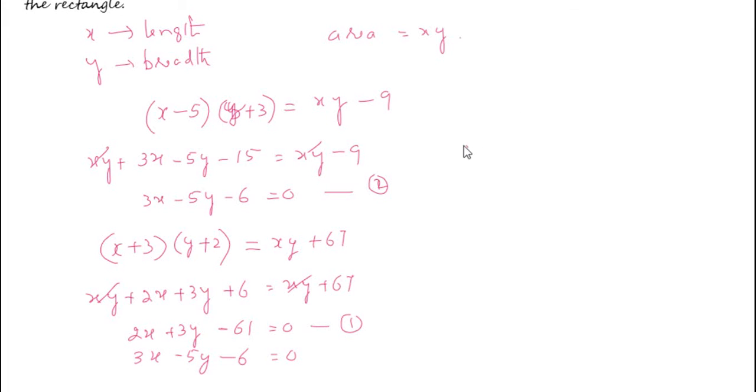So a1 equal to 2, b1 equal to 3, c1 equal to minus 61, a2 equal to 3, b2 equal to minus 5, and c2 equal to minus 6.